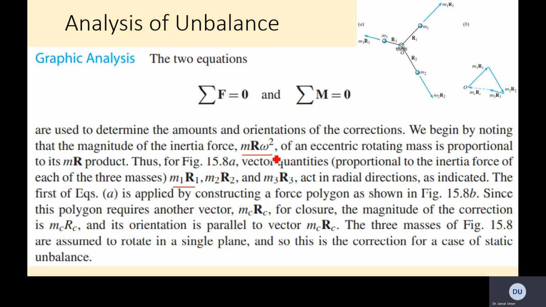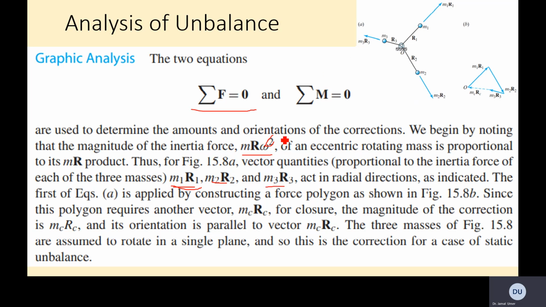Inertia force formula is always m r omega square. Because omega is constant, we just take m r, that's it. But actually m r omega square is the force, so we are not constraining omega. So this is called the force balance when you do m1 r1, m2 r2, or m3 r3.